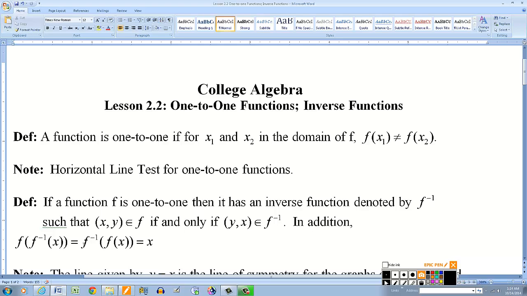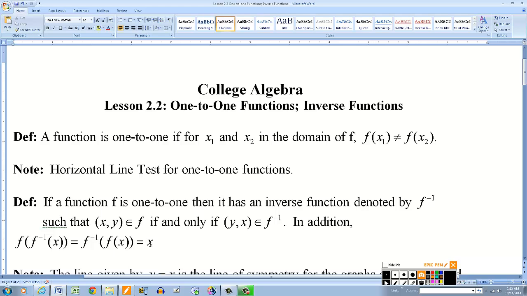So (x, y) belongs to f if and only if (y, x) belongs to the inverse. In addition, f composed with f inverse, or f inverse composed with f, always equals x.